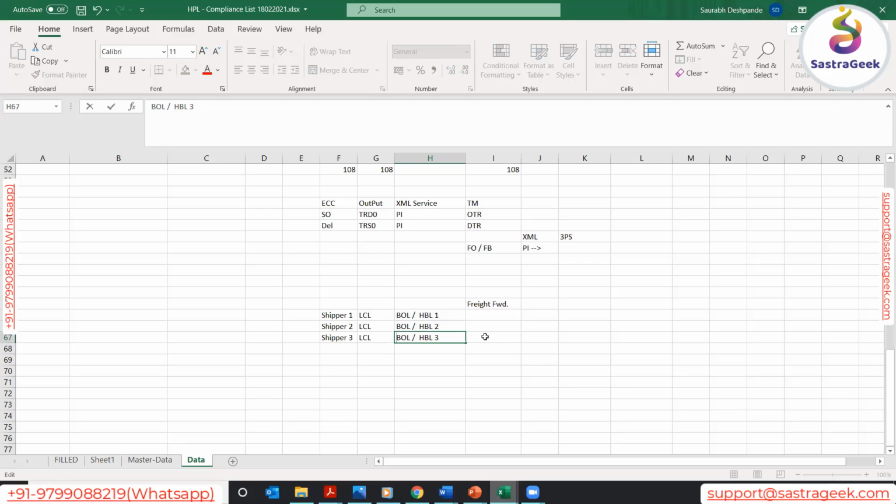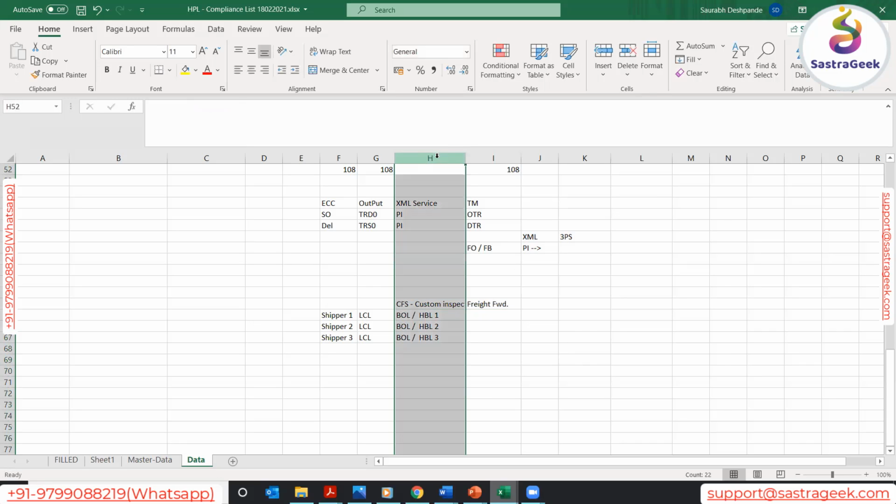So MBL and HBL: after the cargo consolidation happens in a CFS station, after your custom inspection, a freight forwarder issues house bill of lading to the shipper.